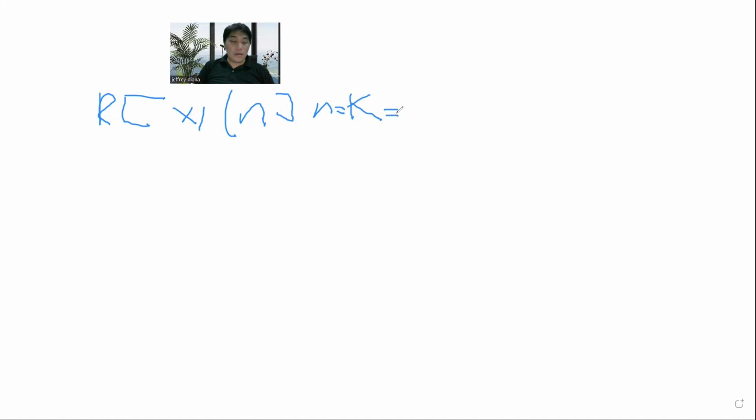So n equals k equals 3x1(k-1) plus 3x1(k-2).